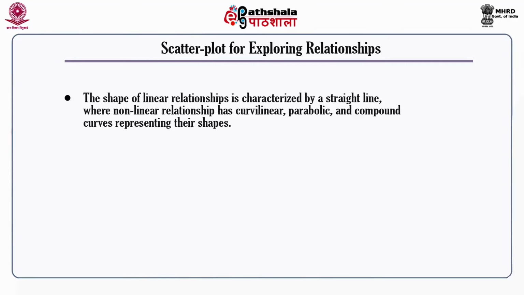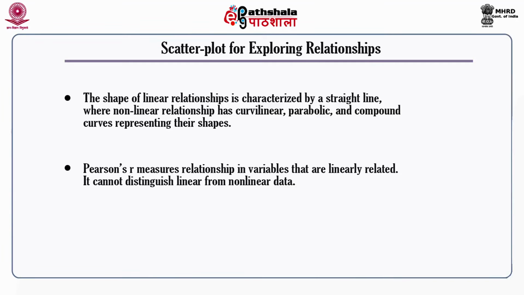The shape of the linear relationships is characterized by a straight line, whereas non-linear relationships have curvilinear, parabolic and compound curves representing their shapes. Pearson's r measures relationship in variables that are linearly related. It cannot distinguish linear from non-linear data.